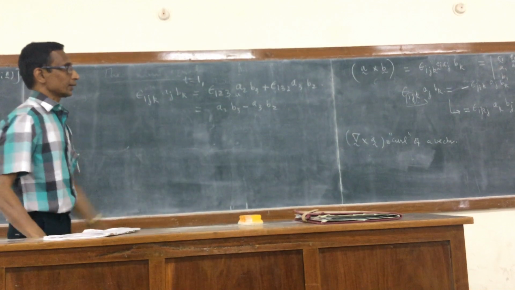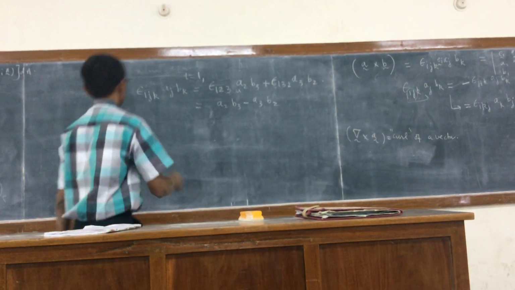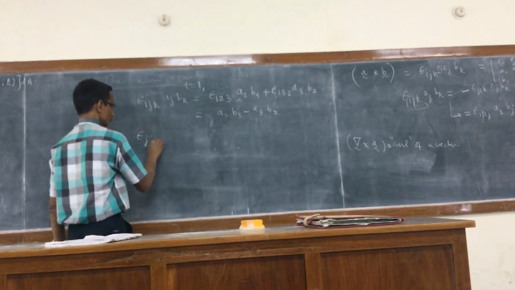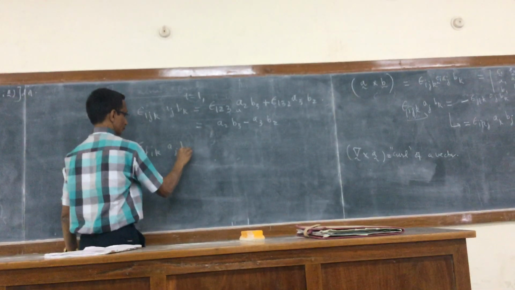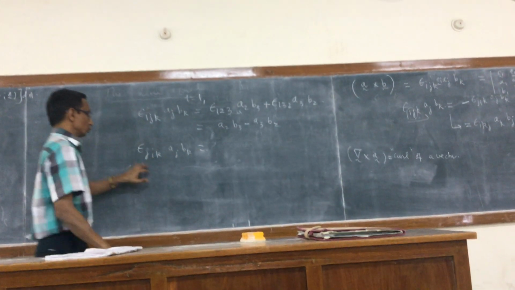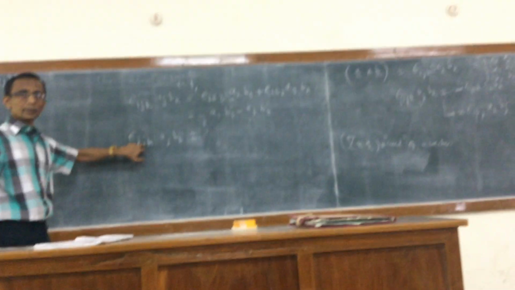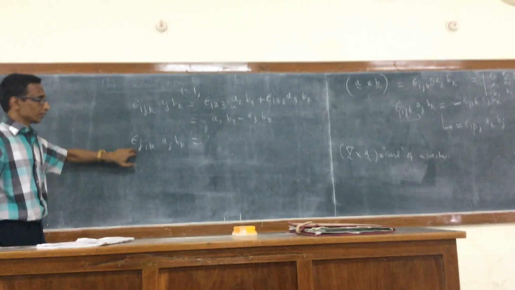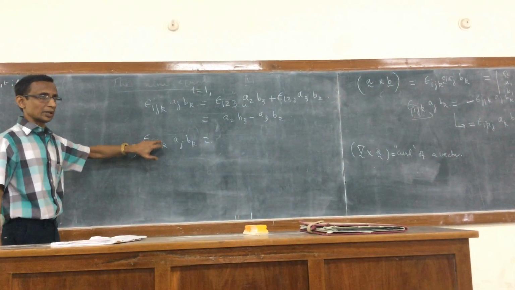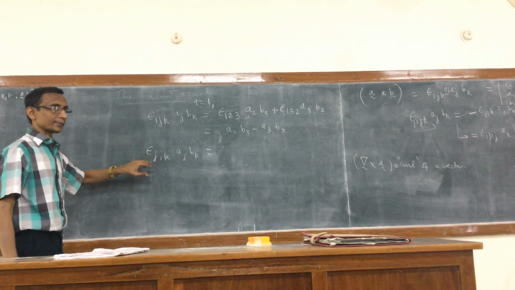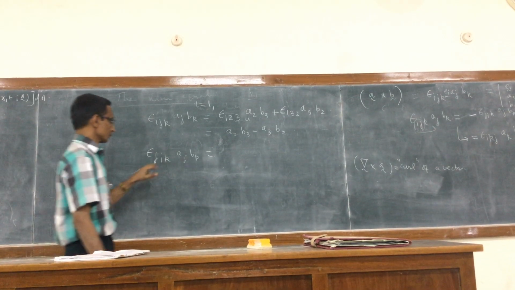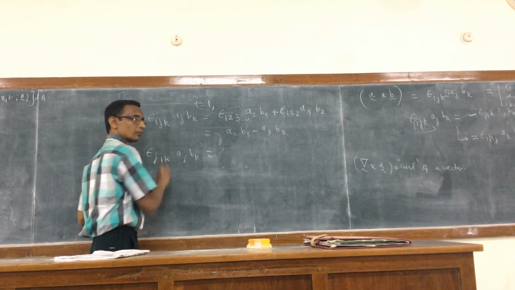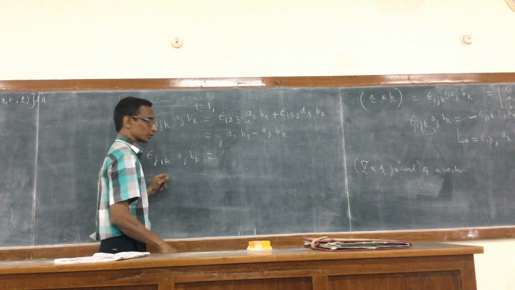Now I look at the next one, epsilon i k j, a j b k. Now the I is still not a summation index. J and K is still summed over, but I have shifted the indices. So let's see what this is. So again I equal to 1, right? So again J can be either 2 or 3.